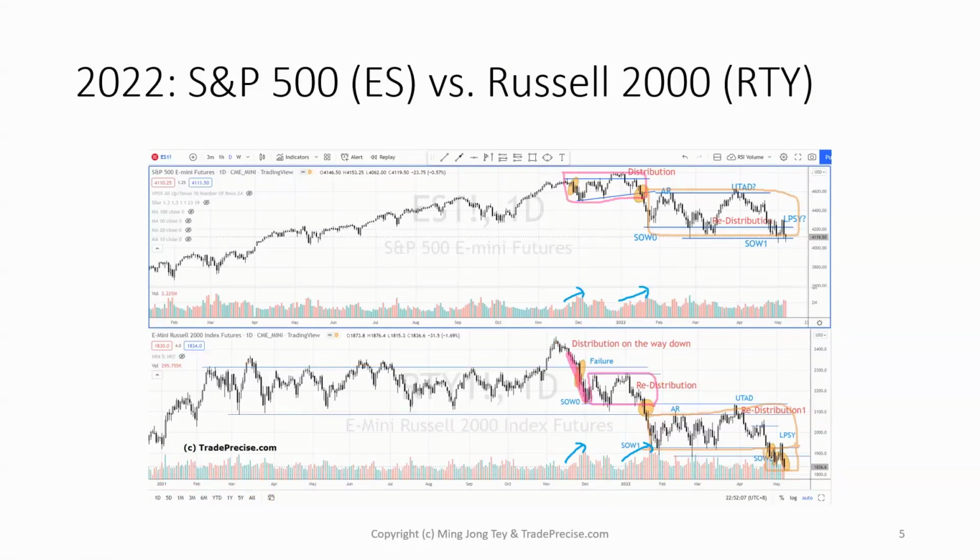So it's definitely looking very bearish, and we know Russell is leading the way down when there's market weakness, and a lot of the small cap stocks get sold off first. S&P 500 contains a lot of the big cap, mega cap stocks, so they are probably the last man standing, and eventually it will get rotated out.